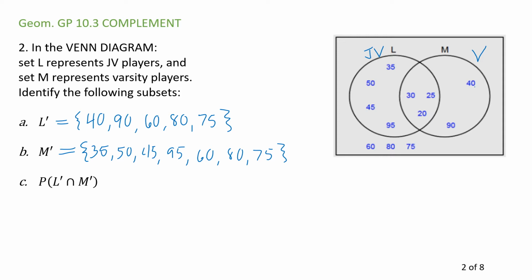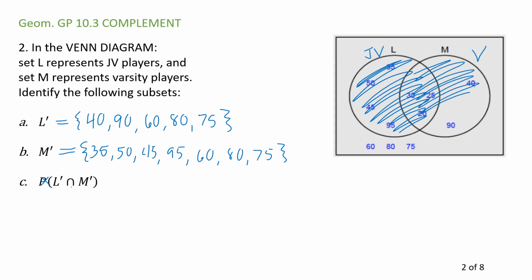How about this last one? I'm not going to worry about the probability because I'm going to do that on the next page. But this is just asking for the intersection of everyone that's not in L and not in M. So the easiest way to do that is scribble out all the L's. That's L complement. Then scribble out all the M's.